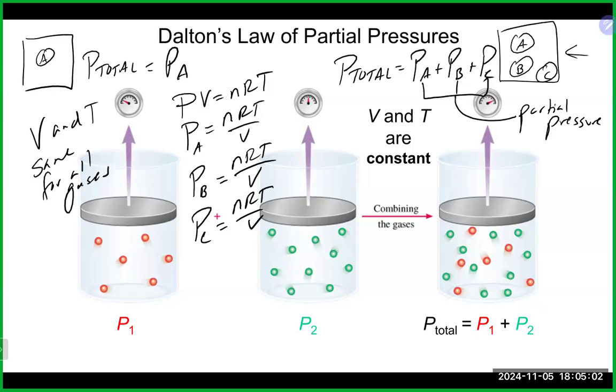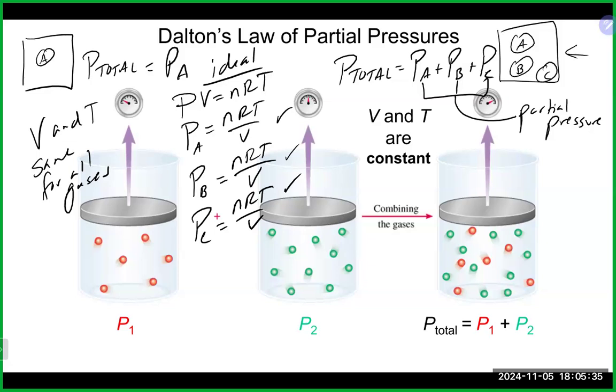One of the reasons we can do individual calculations for each of these gases moving around in that container together is that we often assume ideal gas conditions. There's one important aspect of an ideal gas that allows you to do a calculation like this, where even though you have multiple gas molecules flying around in the same container, you could almost do the calculation like they were in there alone.